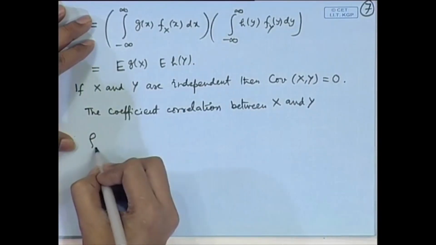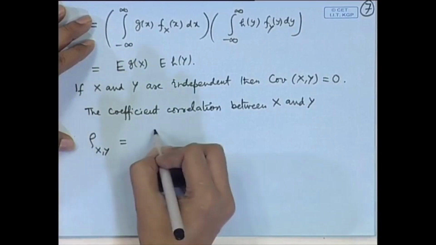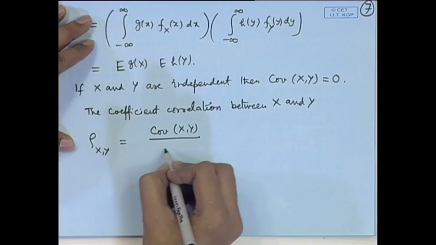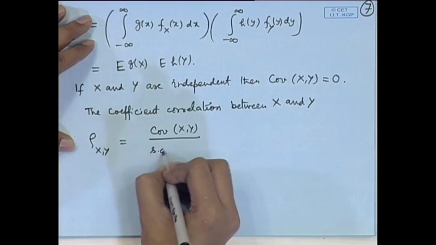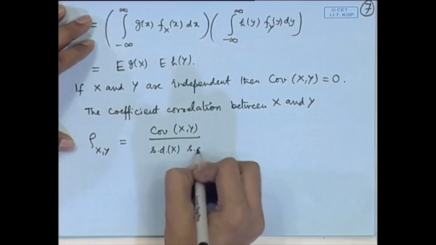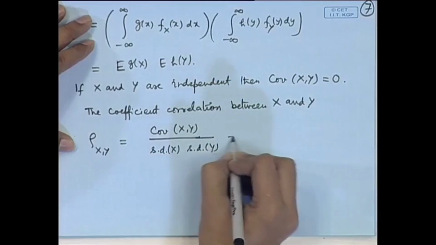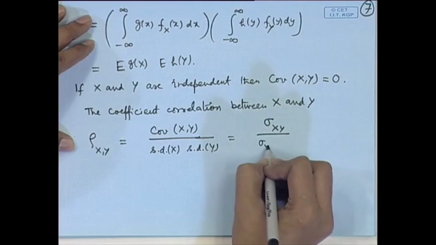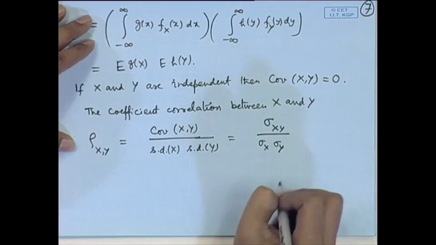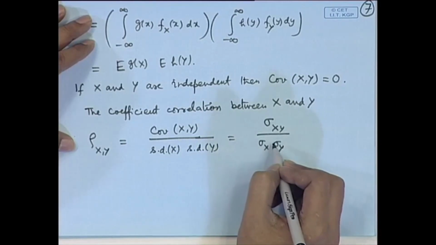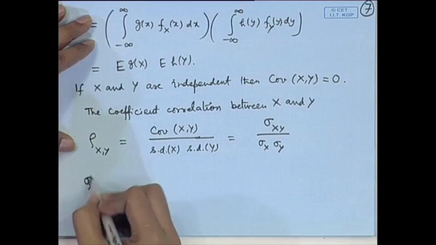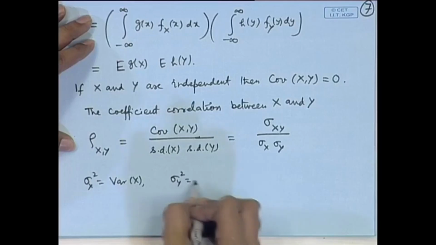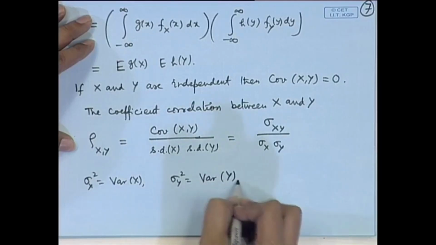We denote it rho x y, that is defined as covariance between x and y divided by standard deviation of x into standard deviation of y. We can use the notation sigma x y divided by sigma x sigma y, where sigma x square is the variance of x and sigma y square denotes the variance of y.